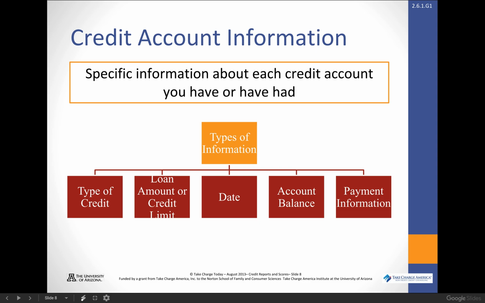So how much did I get this loan for? If I got a $10,000 loan for a car, they're going to identify that. Or if I have a $1,000 credit limit on my credit card, it will identify that as well. It'll tell me the account balance, so how much do I still owe on it, and my payment information. So am I consistently making payments on time? Have I ever been late on a payment? Have I ever requested to defer my payment? Things like that.